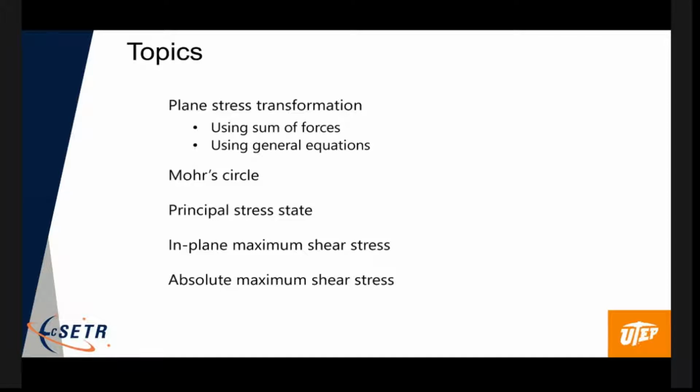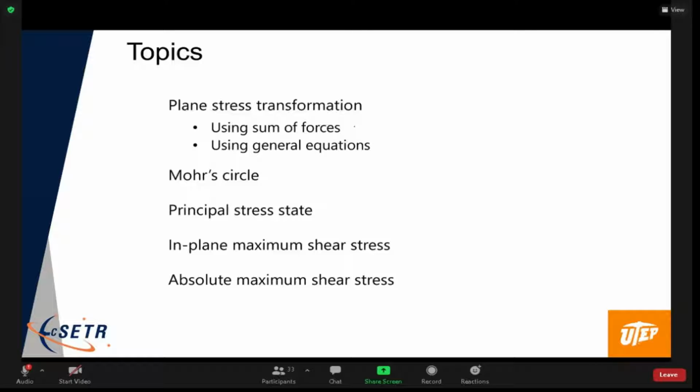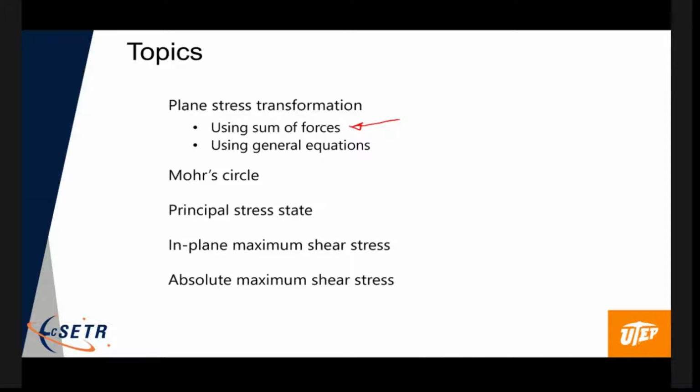Even using the sum of forces, I won't do it to the full degree that I do normally. But there are example problems online that I've worked through that do that already, okay? Because I think if you can understand the concept, using the general equations is probably going to be preferred, okay? So this material here, we're going to say is flipped, right?